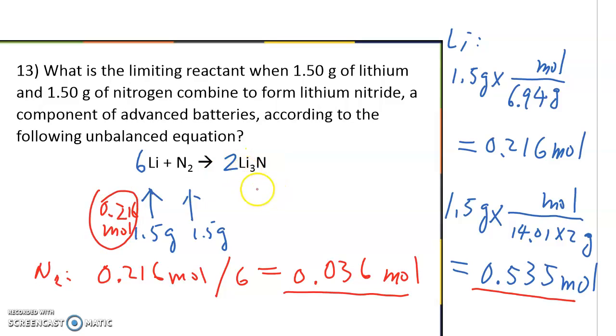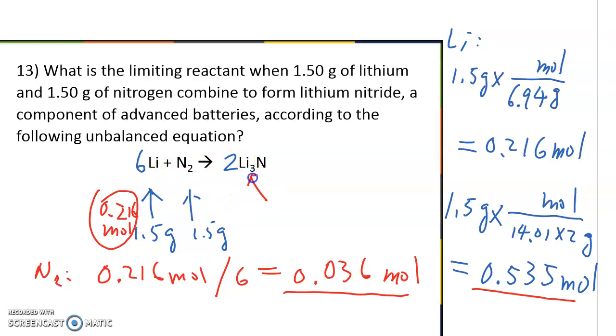How about this one? Okay, lithium nitride. How many moles? If I have a 6 to 2 ratio, that means whatever I have over here should be divided by 3. Or you can say multiply by 2 and then divide by 6.